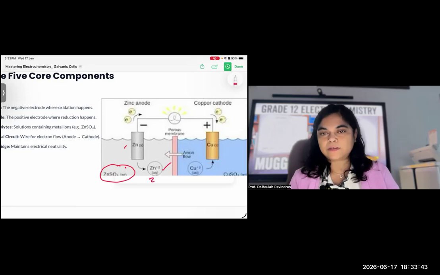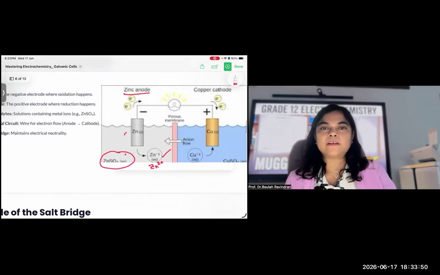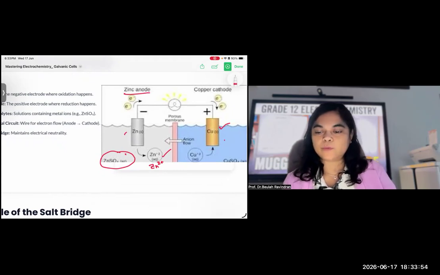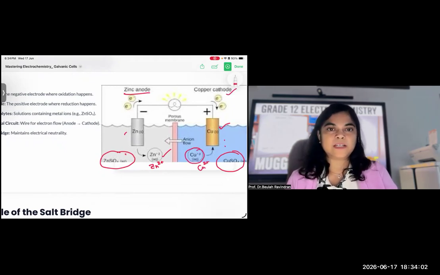This is our anode. In the right beaker, we take a copper strip into a copper sulfate solution, which gives copper 2 plus ions. This is our cathode.